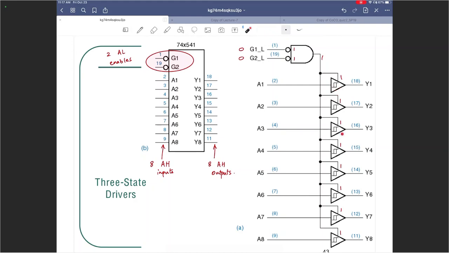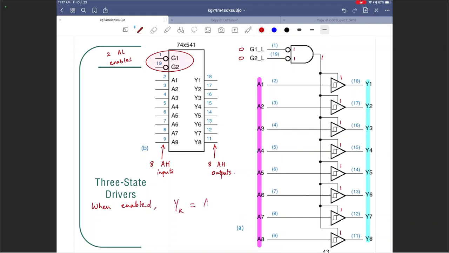So if it is enabled, like here, all the outputs Y1 through Y8 will equal all the inputs. So you can say it like this: when enabled, YK equals AK.